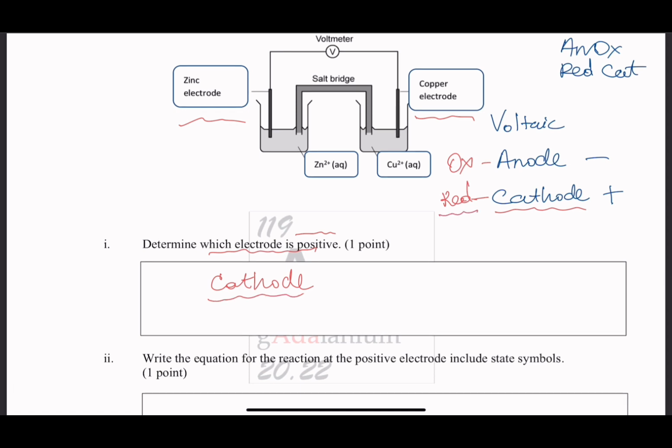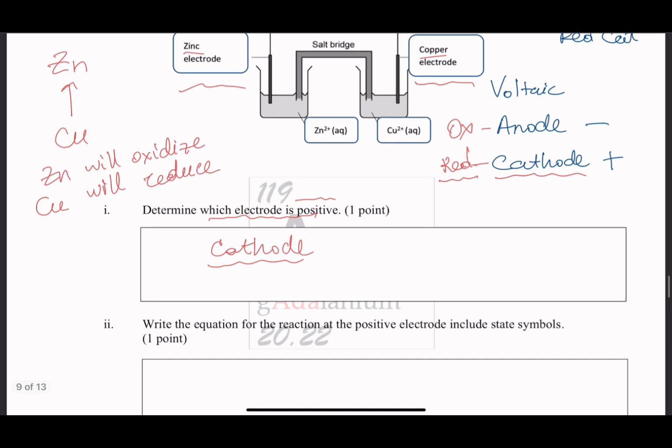You need to tell me which electrode, copper or zinc, is cathode. Because I know from activity series zinc is sitting higher than copper, zinc will oxidize, and copper will reduce. That is why the cathode, where the reduction happens, is the copper electrode.